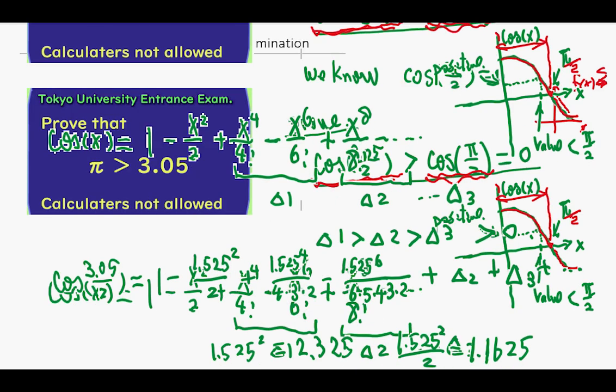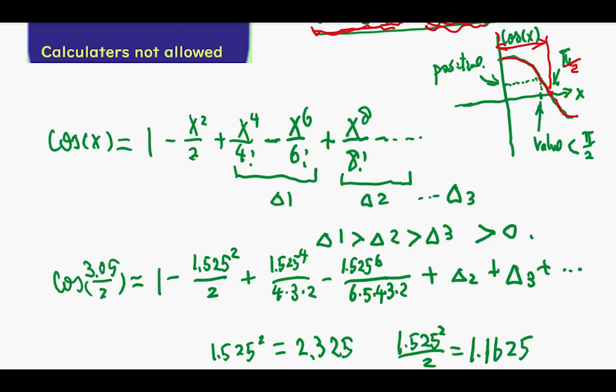As you know, the cos x series is 1 minus x squared over 2 factorial plus x to the fourth over 4 factorial, and so on. It repeats this way.